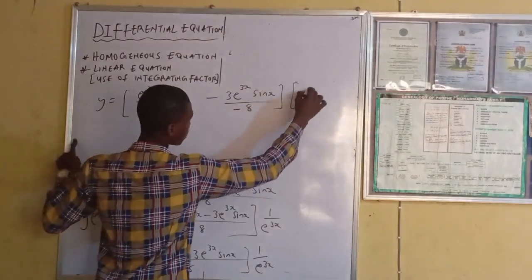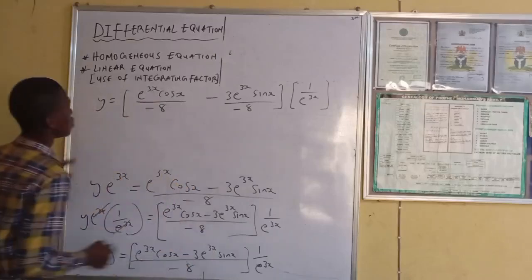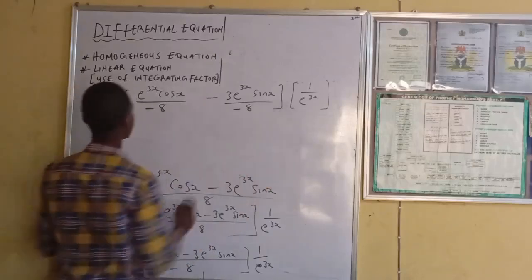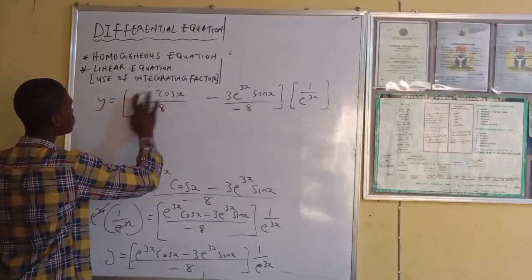Then multiply by 1 over exponential 3x. Then open up the bracket. Okay, let me show it.